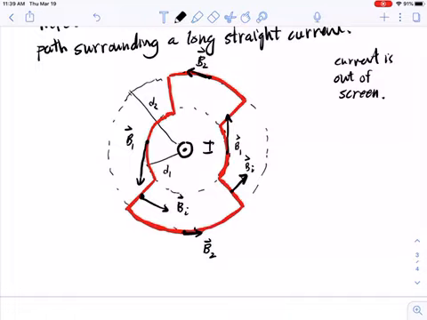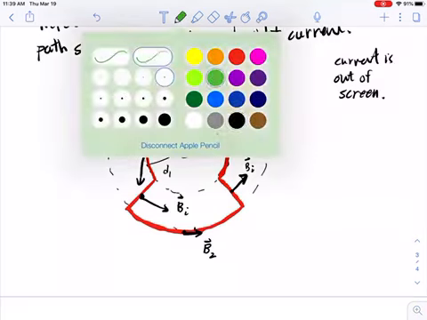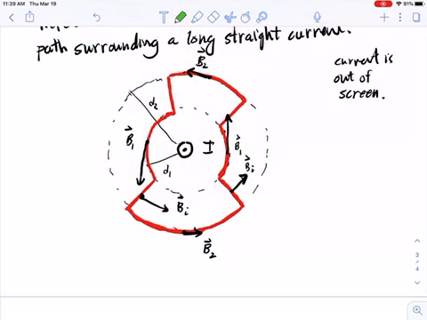Okay, good. And so for all of these little points, let's imagine we go around this path in a counterclockwise direction. And so over here, I would have, let's say, a ds. I would have a ds vector in this direction.